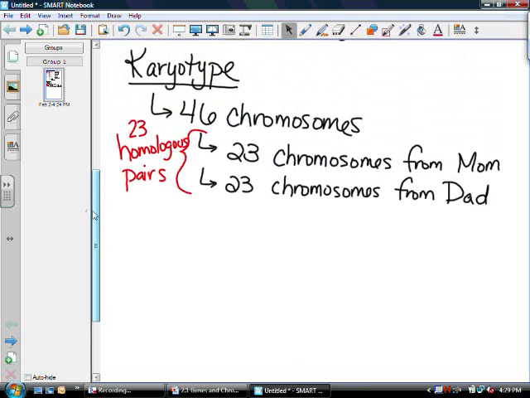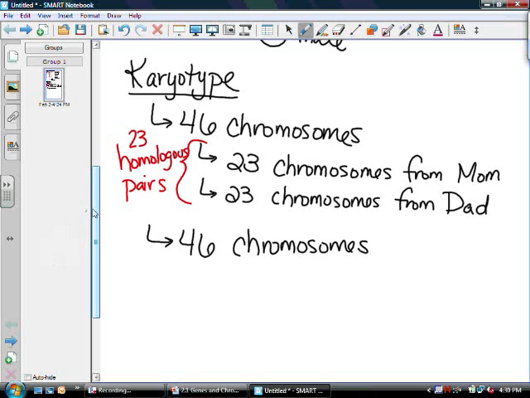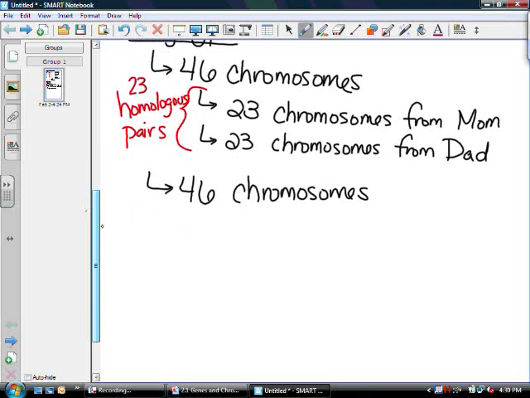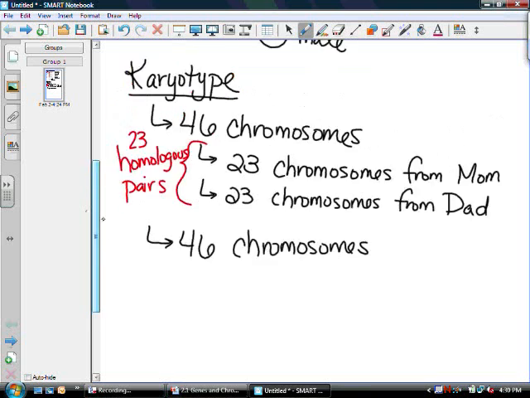So homologous pairs are going to be similar in their information for various traits. Now, on a different note, if we wanted to look at our karyotype, we could go back to talking about the fact that our karyotype has 46 chromosomes. But this time, instead of talking about the homologous pairs of chromosomes, we can break our chromosomes up differently.